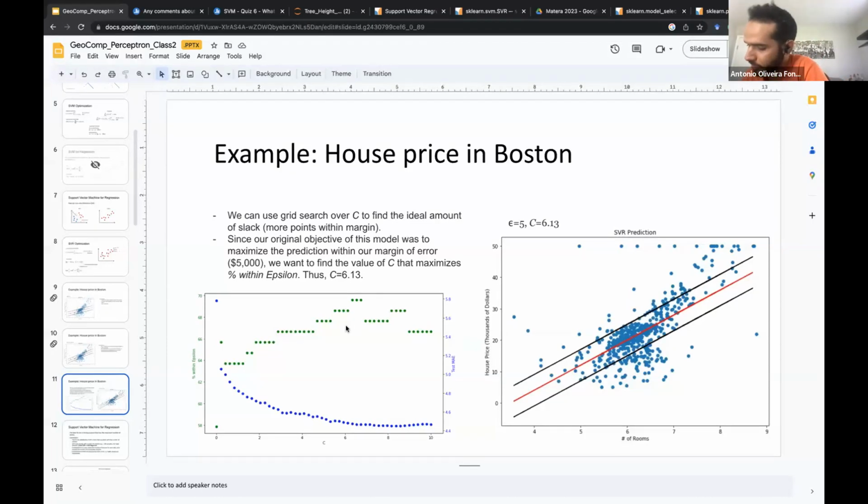Let's say that you have a very large epsilon, right? I'm going to allow this epsilon to come all the way here.